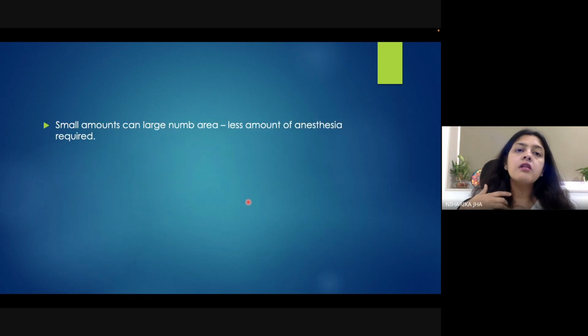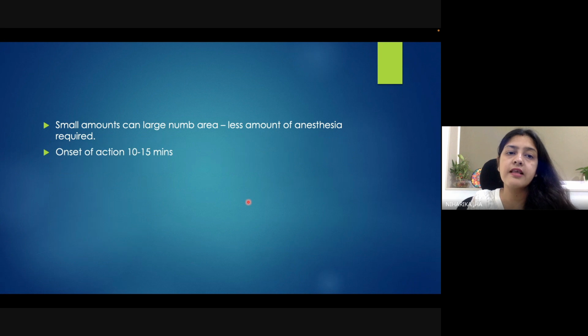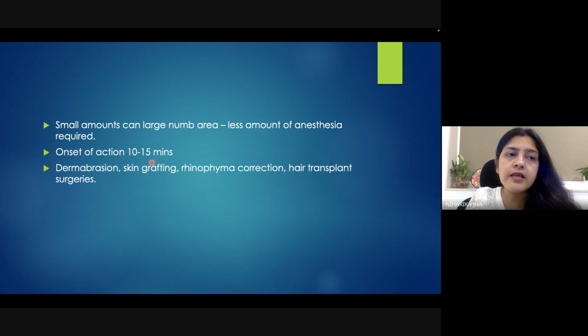Then small amounts are required to anesthetize the larger area, hence less anesthesia is required. But the onset of action takes around 10 to 15 minutes, and after 15 minutes this anesthesia effect can be seen.